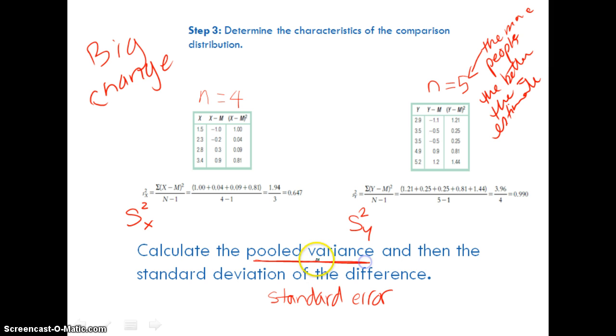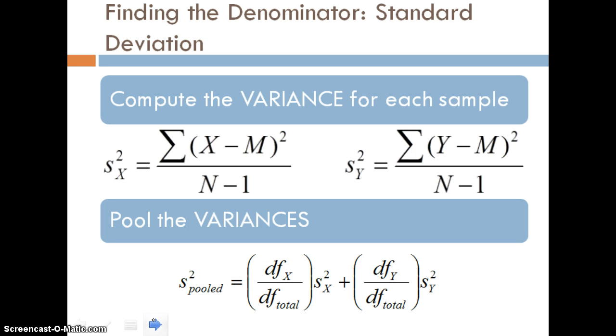Remember that we're working with variances and we're making a pooled variance. So the first step in finding this standard deviation, because that's the first part, remember we've done this for every single t-test we've done so far, figured out what the standard deviation is in the population. We have to get the variance for each sample, so that's first. And the second part is we have to pool the variance.